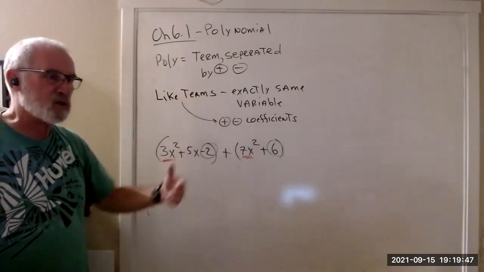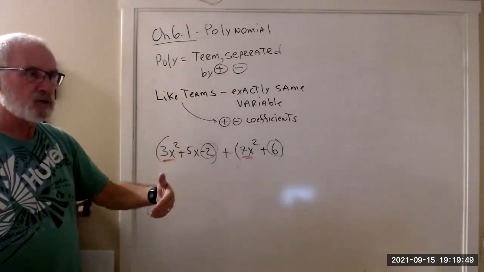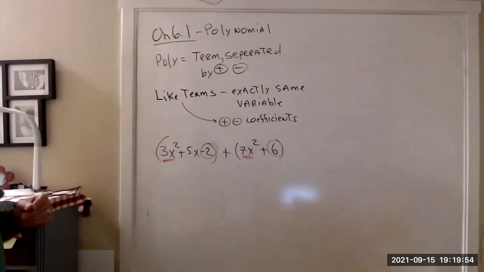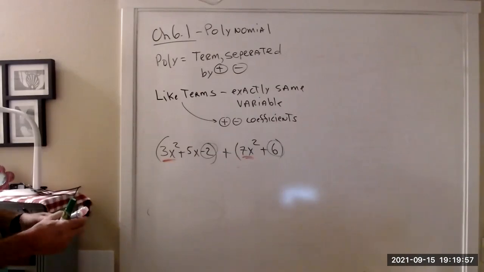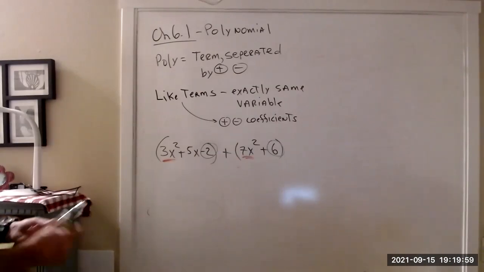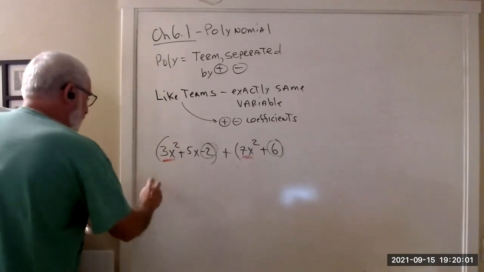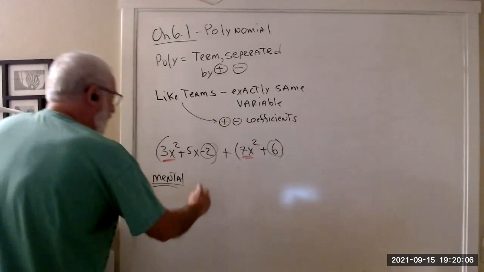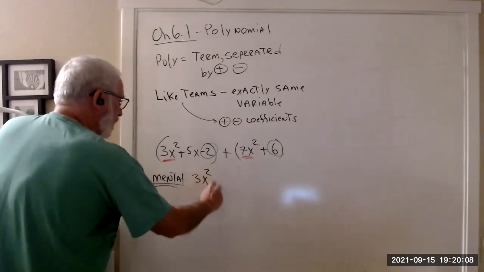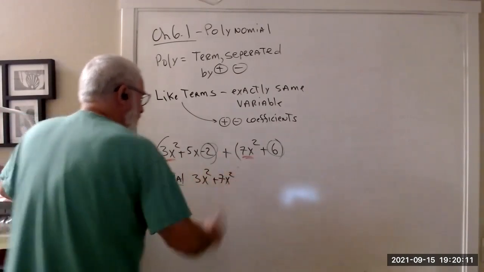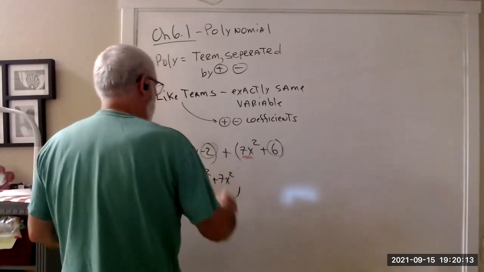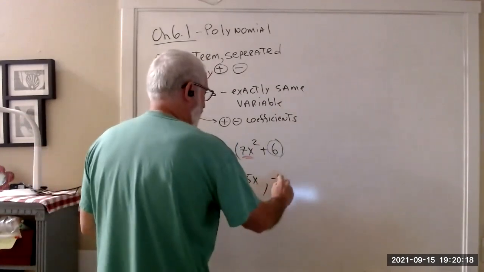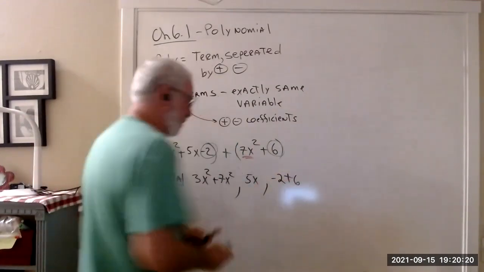So you can add x squareds with x squareds, x's with x's, y's with y's, but they've got to be exactly the same variable. So mentally, we think 3x squared plus 7x squared, comma, we think 5x, because it's nothing, comma, and we think -2 plus 6.